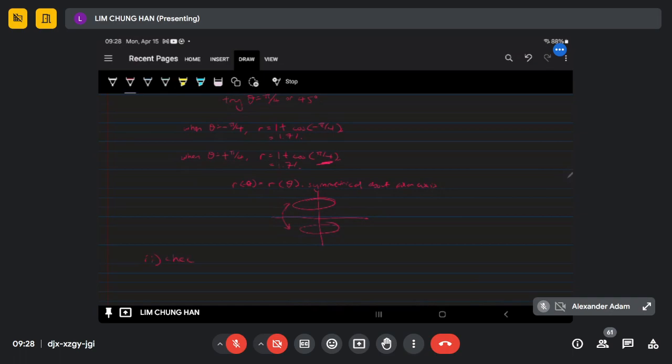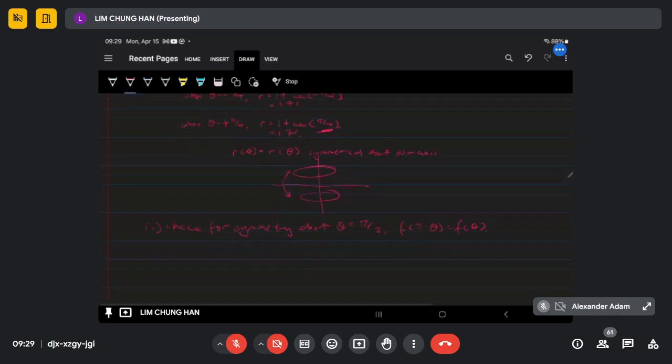Now we check for symmetry about the vertical axis, the pi over 2 axis. For this one, the rule is this: pi minus theta.